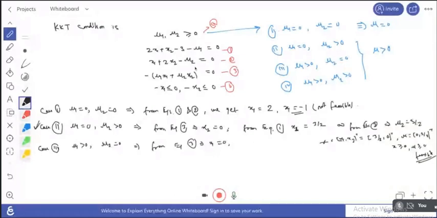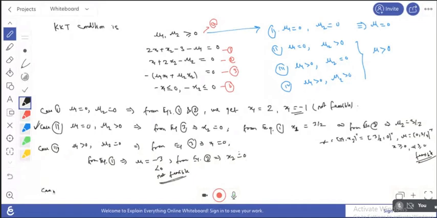And now we put these into equation 1, this implies mu1 is -3, and from equation 2 this implies x2 equals 0. Okay, so here mu2 is -3, this is less than 0, this is not feasible.